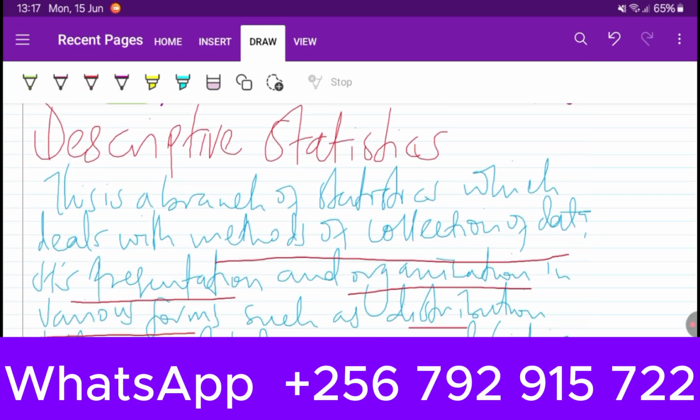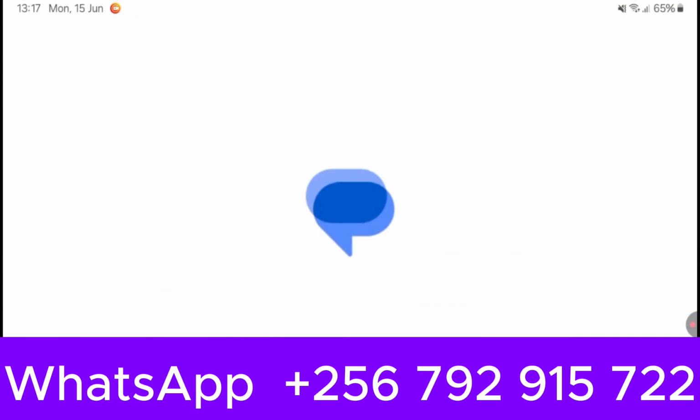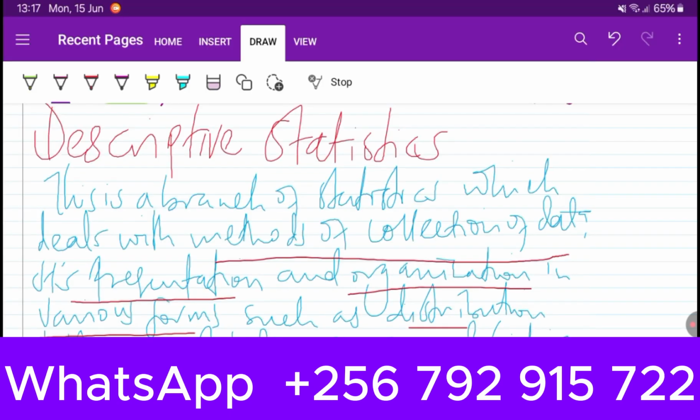Now, let's look at the first branch of statistics. The first branch of statistics is what we call descriptive statistics. If you just look at the word descriptive, it comes from describe or description.